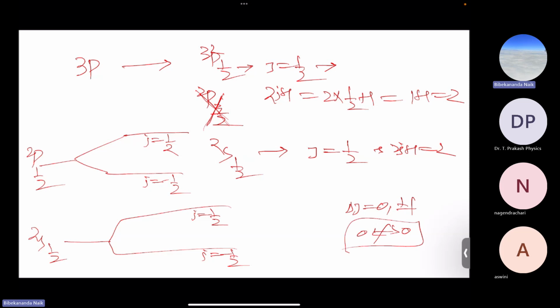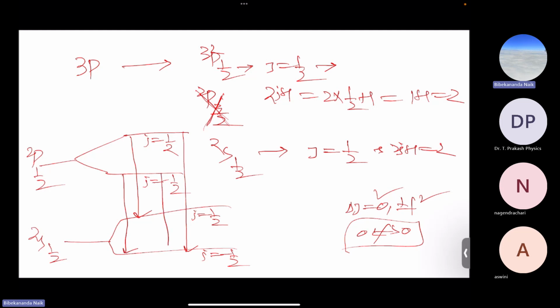So how many transitions will there be? From J equal to half, there will be J equal to half, because half minus half is 0, which is allowed. Then from J equal to half to J equal to minus half, because half minus minus half is plus 1, so it is allowed. So from J equal to half, there will be two transitions. Similarly, for J equal to minus half, one transition will be to J equal to minus half, because minus half plus half is 0, which is again allowed.